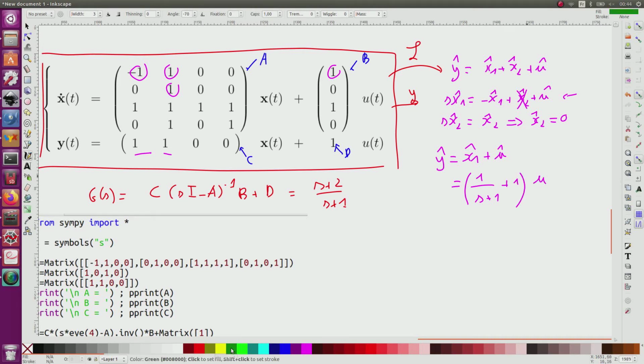So it means that the transfer function is G of s equal to, if I reduce to the same denominator, (s plus 2) divided by (s plus 1), which is exactly what I have computed with Python. So we can see that in here I had no link between y and u.